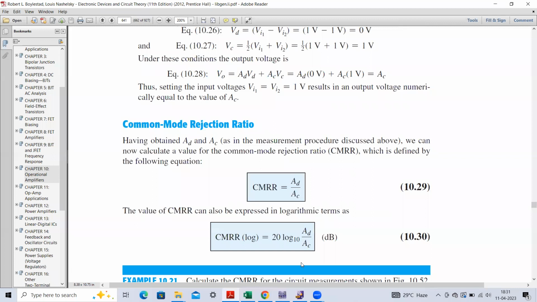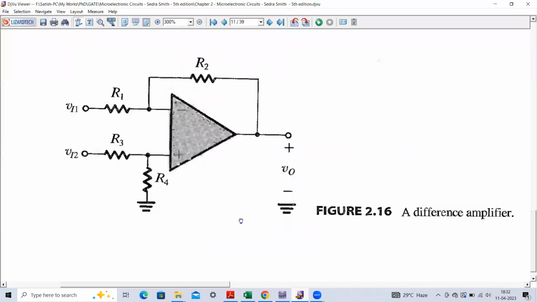Now we have to see how it can be calculated practically if we wish to perform the experiment. To find AD and AC practically, we have to implement one circuit. First we have to implement this difference amplifier. Here you can see this is our OPAMP, this is your inverting terminal, and this is your non-inverting terminal.